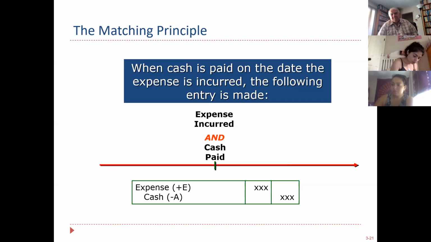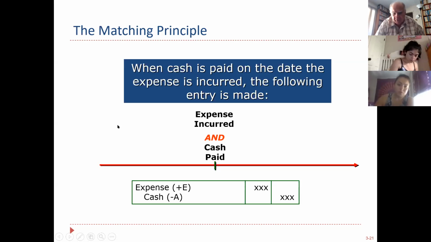So here we go. The matching principle. When cash is paid on the date the expense is incurred, here we go. Again, Papa John's got the telephone bill in the mail, and the guy who runs Papa John's said, Corey, pay it right now. Write a check right now. Okay, well, you wrote the check, and when you put it into your accounting system, you debited telephone expense and you credited cash.